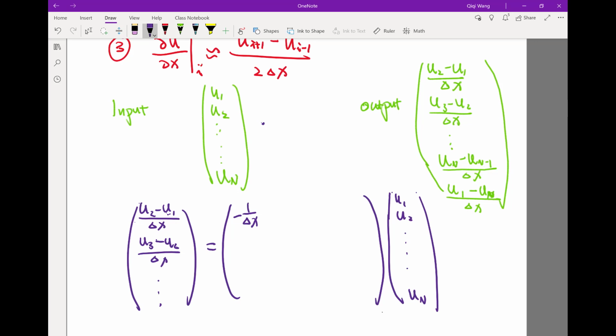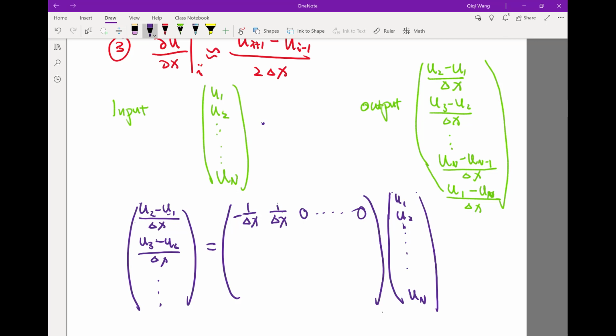Good job. The second column is 1 over delta x, right? That is supposed to be multiplied with u2 and add again to the first output, okay? And that is 1 over delta x. How about the rest of the row? Zeros, right? And usually in a matrix, if I don't write anything, that means these terms are zeros. All right? Okay, so that completes our first row.